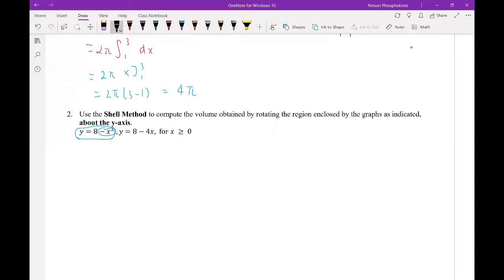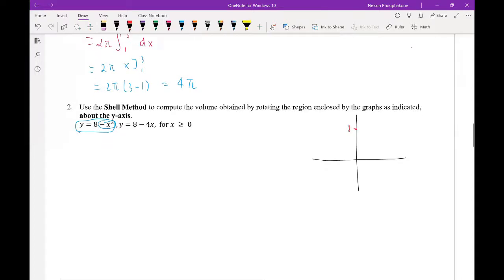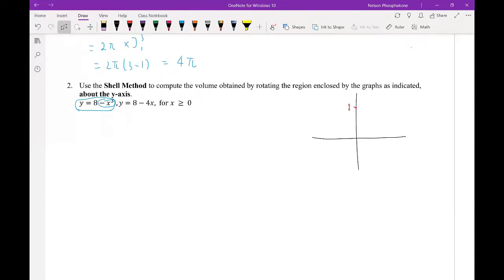So in this case we have the y-intercept is 8, and then, right, something like this. And when y equal to 0, then x is equal to 2. So I know that this is 2 right here.